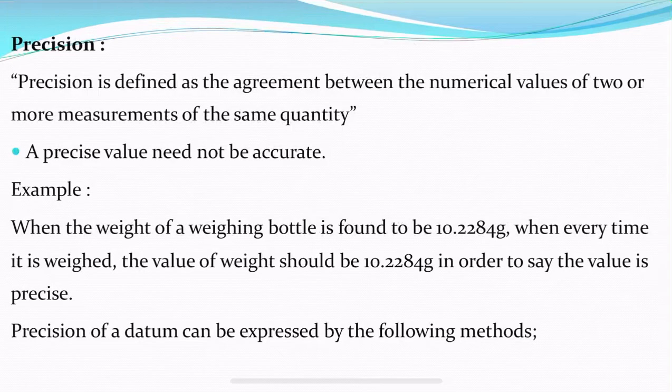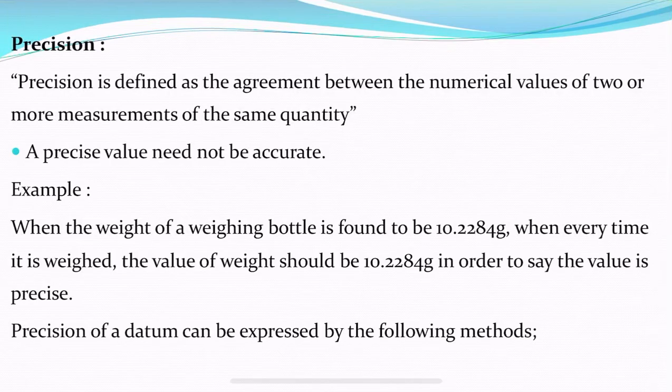Precision is defined as the agreement between the numerical values of two or more measurements of the same quantity. Here the measurement is made of the same quantity, and it is the agreement between the numerical values of two or more measurements.